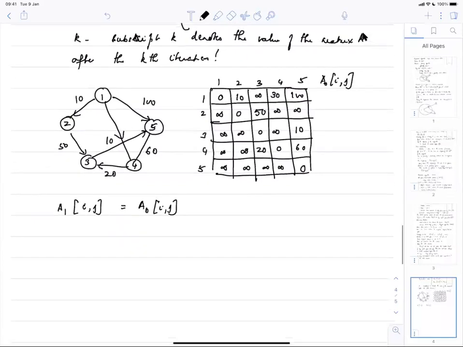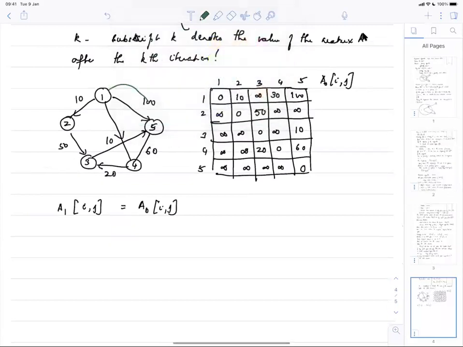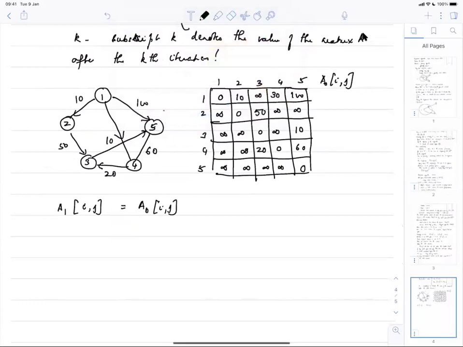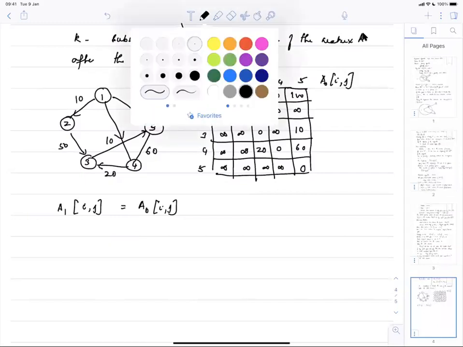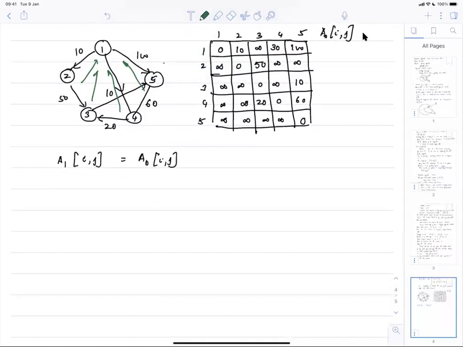There's no path from any node to 1, so there's no shortest path going via 1. What we're looking at is whether there's a path from 2 to 1, or 3 to 1, or 4 to 1, which will lead to a shorter path, and we don't have that. So A1 of i comma j will be the same.